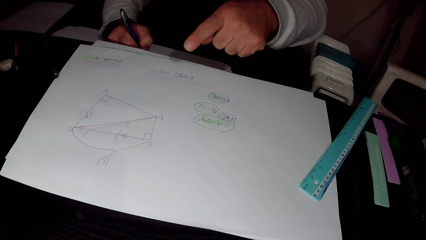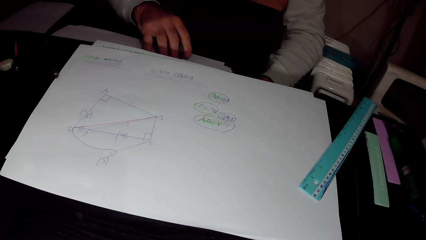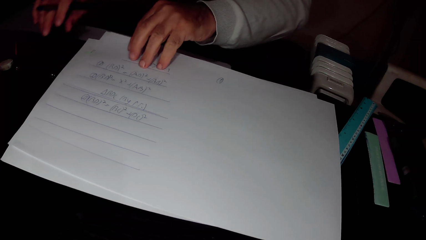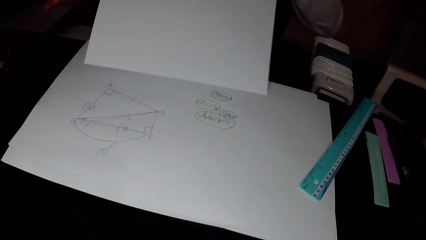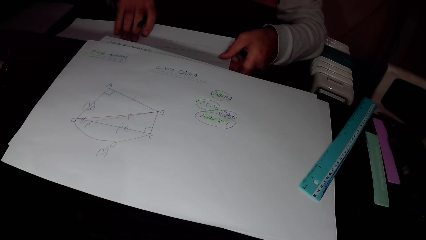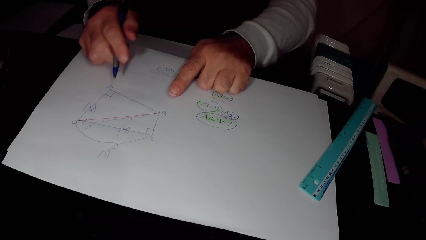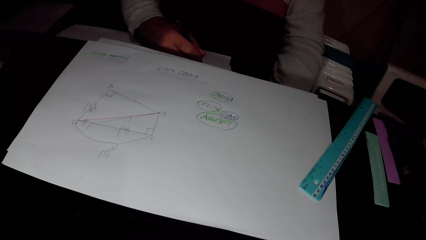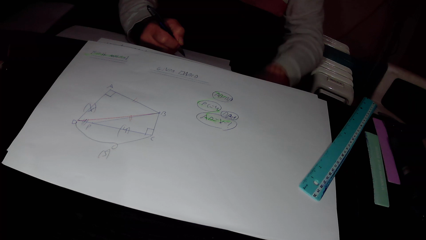Again, in this right lower triangle DBC, according to the Pythagoras theorem, BD square, that is the square of the hypotenuse, equals BC square plus DC square. BD is the missing hypotenuse, so we leave it as it is. It is BD square equals BC square.